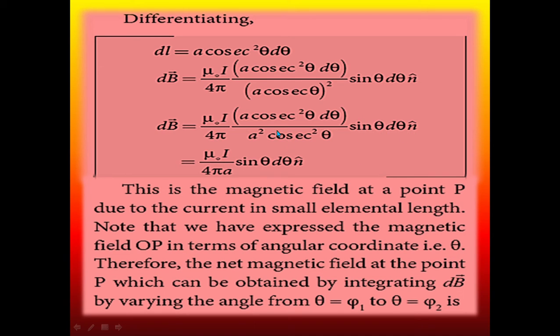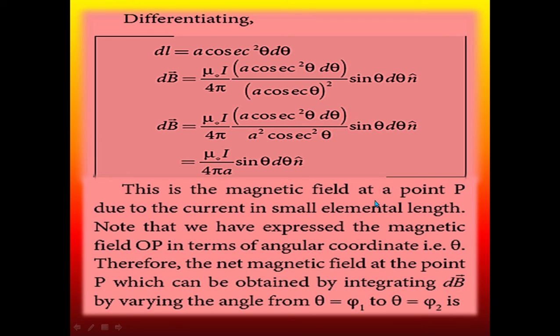Now cosecant square theta cancels, and one a is cancelled between the two. Mu naught I divided by 4 pi a, sin theta into d theta n cap.